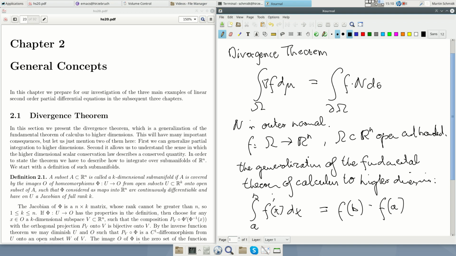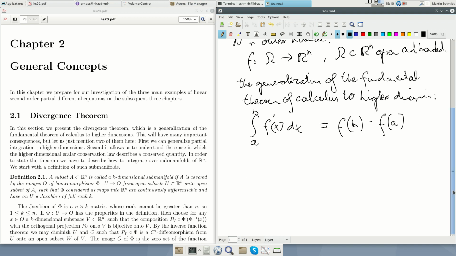So in this situation omega is the interval AB, an open interval, and the boundary of omega is the boundary of this interval, which is of course just the finite set of both boundary points.